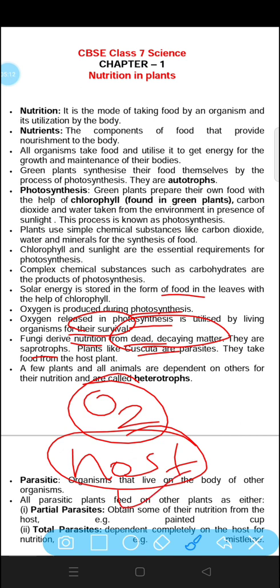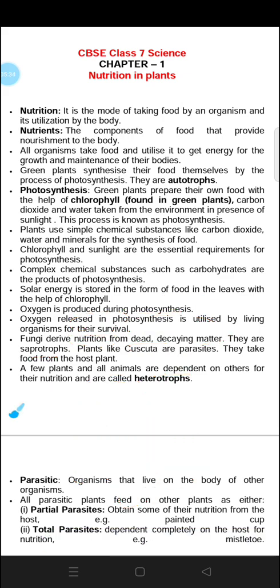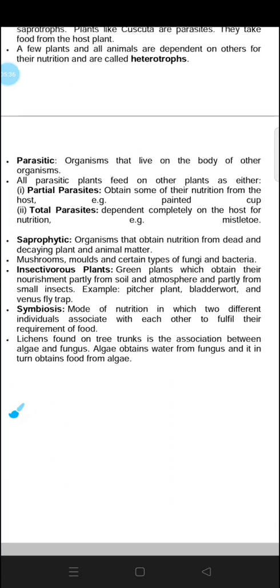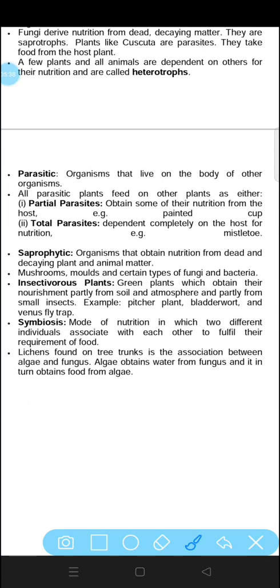They are called parasites. And saprotrophs are those organisms that eat dead and decaying matter. Now next, a few plants and all animals are dependent on others for their nutrition and are called heterotrophs. Those organisms who cannot prepare their own food and depend on others are called heterotrophs.